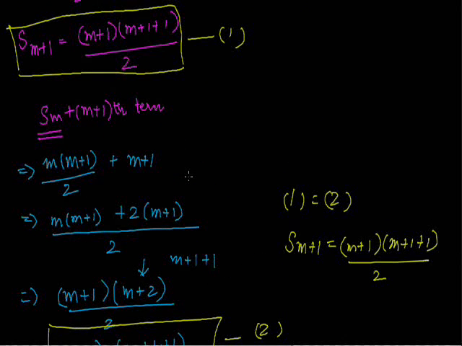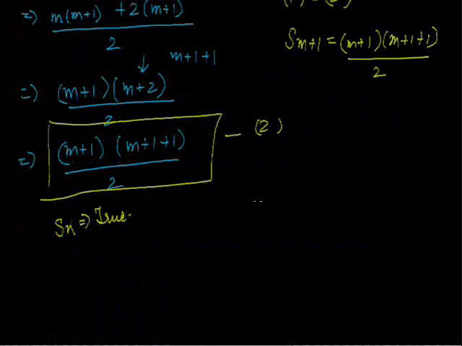And by putting the value of m plus 1 in Sn, it comes out to be the same equation. That's why it has been proved that S of m is true, and provided S of m is true, S of m plus 1 comes out to be true, and that's why it will be true for any n which is a natural number.